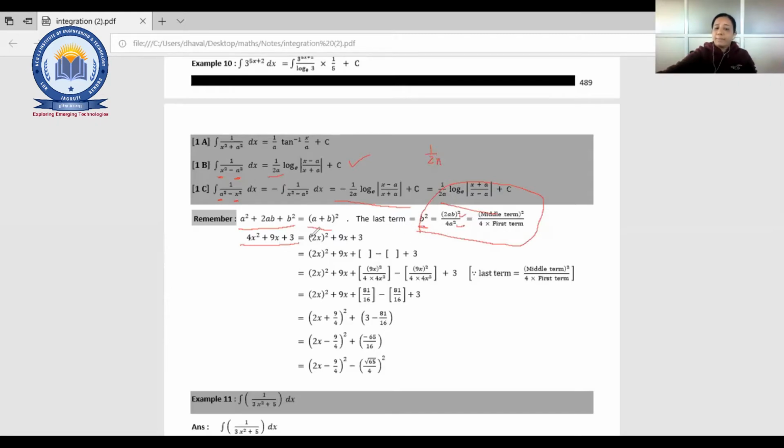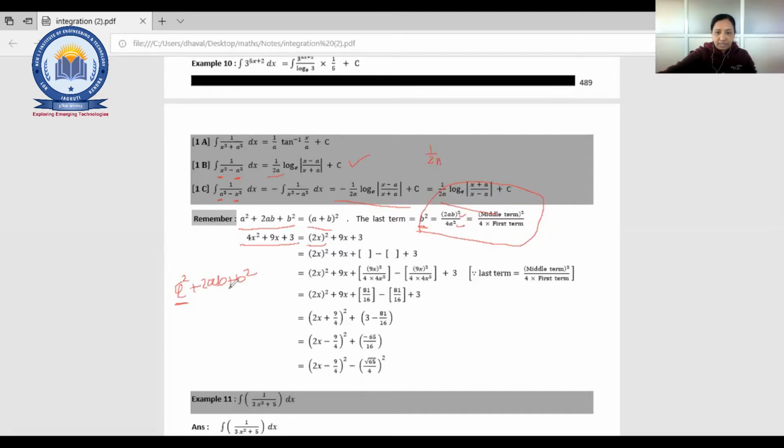So the same thing is applied here. 4x square, that means it is 2x square. We want the form a square plus 2ab plus b square. So a square, that means we rewrite it as 2x square plus 9x, plus or minus.